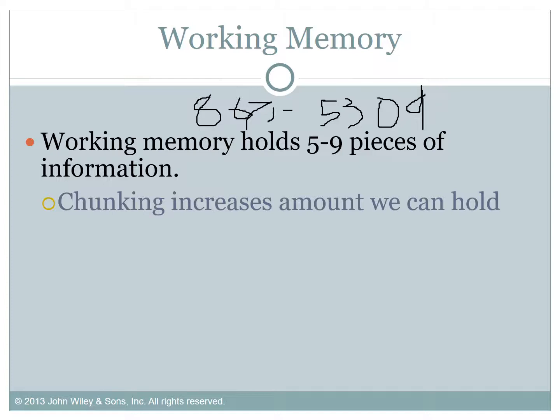Instead, we think about information in this way, 867-5309, as 2 units of information rather than 7 units of information, which is important, particularly if you add, for instance, an area code to that. Then you need 3 pieces of information rather than 10, which is too much really for anyone's working memory.